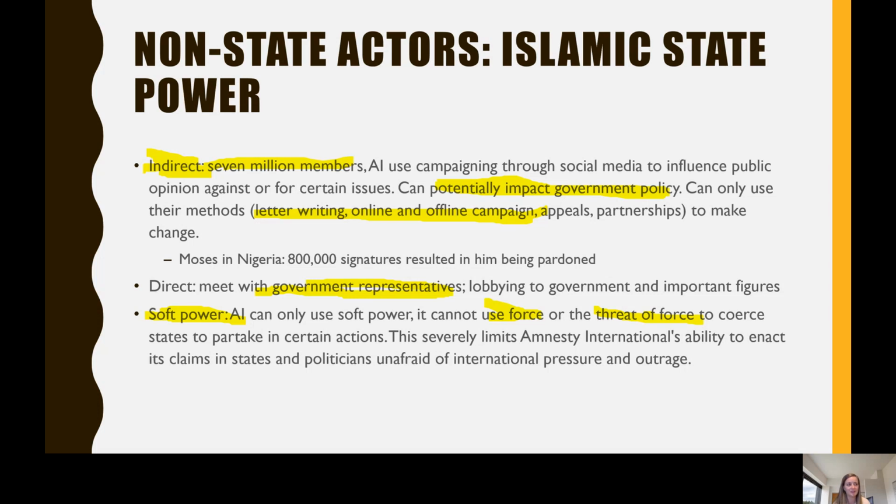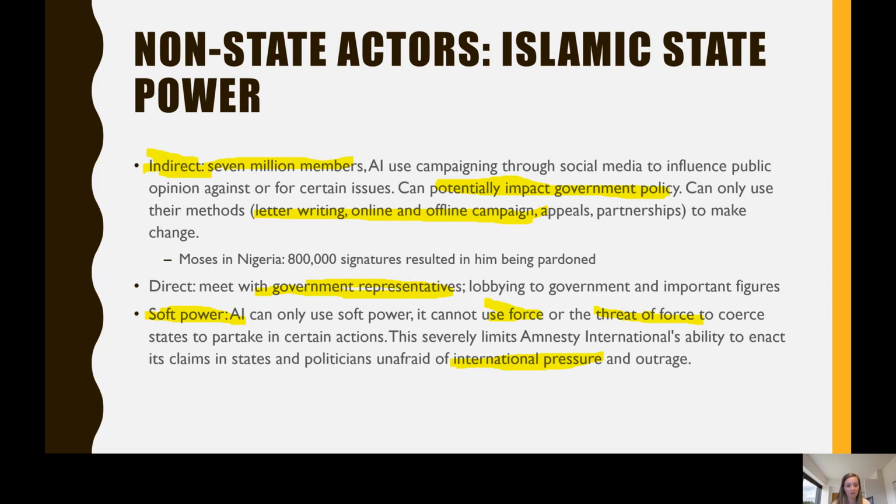So sometimes that does undermine their power to make changes and allow their aims to be achieved because they lack hard, forceful power. The only way they can really make change is if governments are afraid of international pressure and a poor international standing. But you will see with some of these examples that some countries in the international community don't care that others frown upon how they treat people.